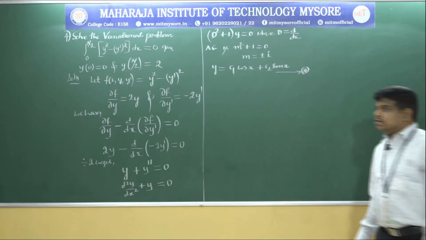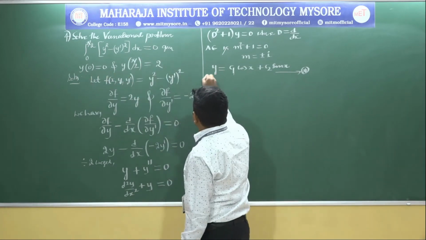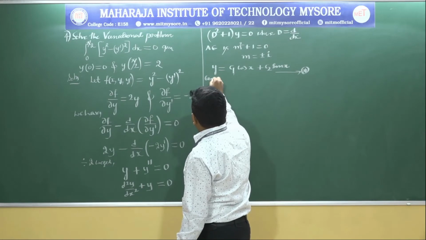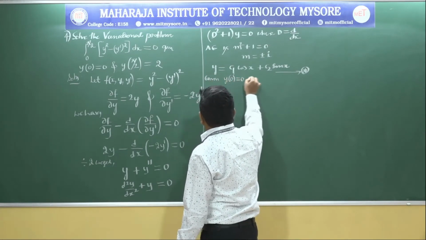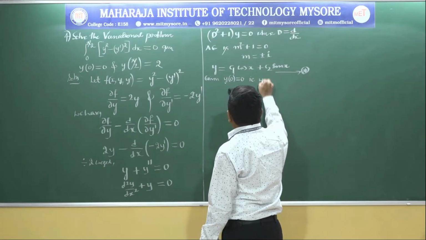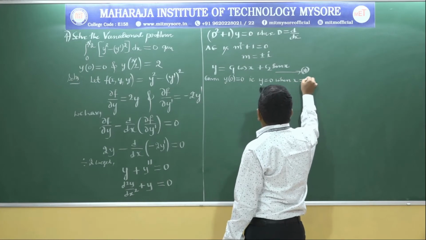Now they have given the conditions. I am considering the first condition, y of 0 equals 0. That is, y equals 0 when x equals 0.